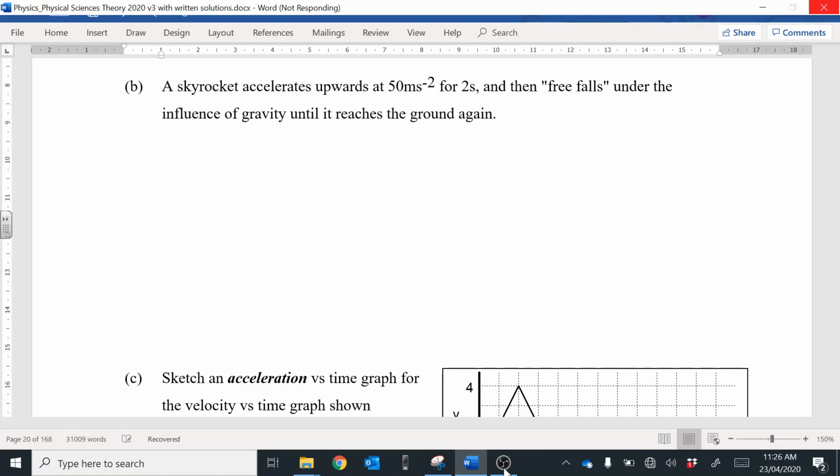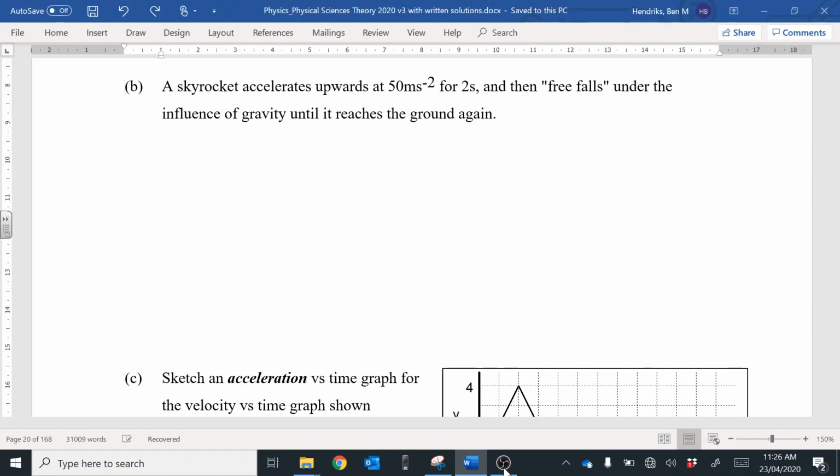So with this problem, because it's asked for until it reaches the ground again, it actually makes it a much harder problem than was probably intended. What I'll focus on is, instead of reaching the ground again, until it reaches the height that it started accelerating at, that it stopped accelerating.